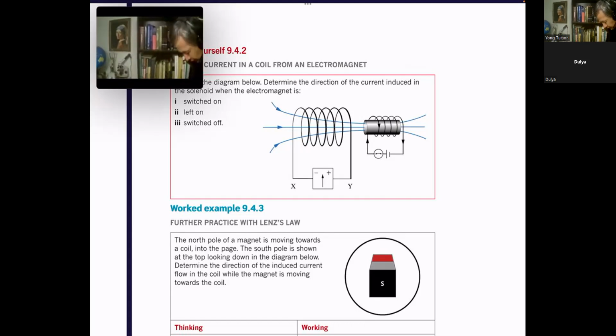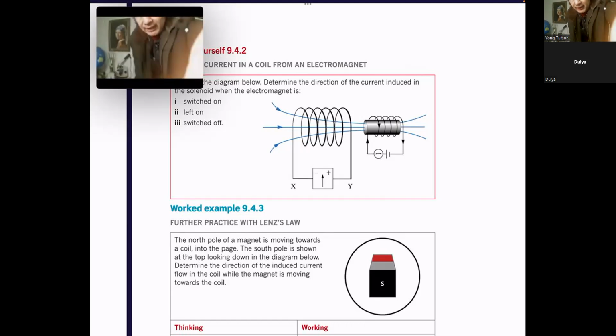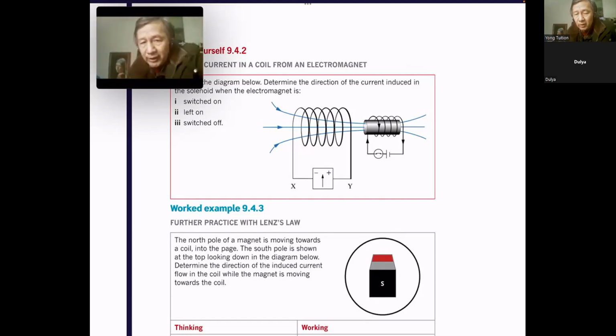Yes, it increases. And what is the direction of the field? Away from the magnet, toward the left hand, right hand side. Do you agree? So in that case, according to Lenz's law, what would be the direction of the induced magnetic field?